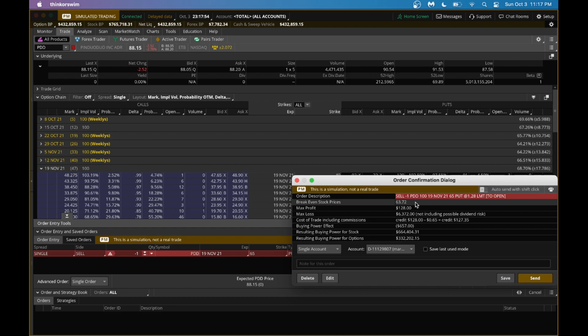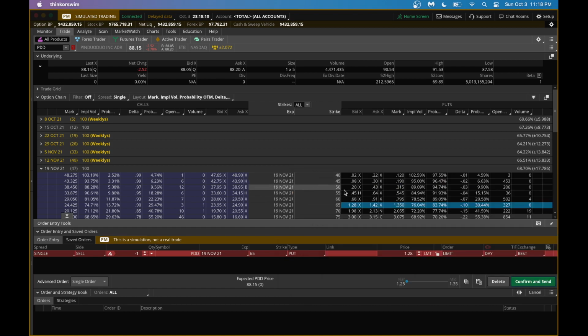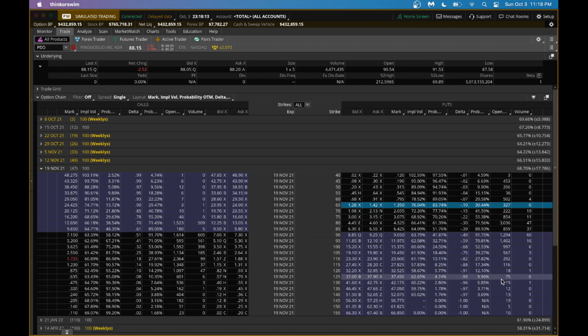So with that, your max loss, as you can see here, is $6,372. That's basically the 65 strike price, $6,500, minus the money that you collected already. So this is one way to trade, but you could also do a spread here, which could be safe for most folks. If you want to do a spread, you could do a $10 wide spread, 65/55 spread.